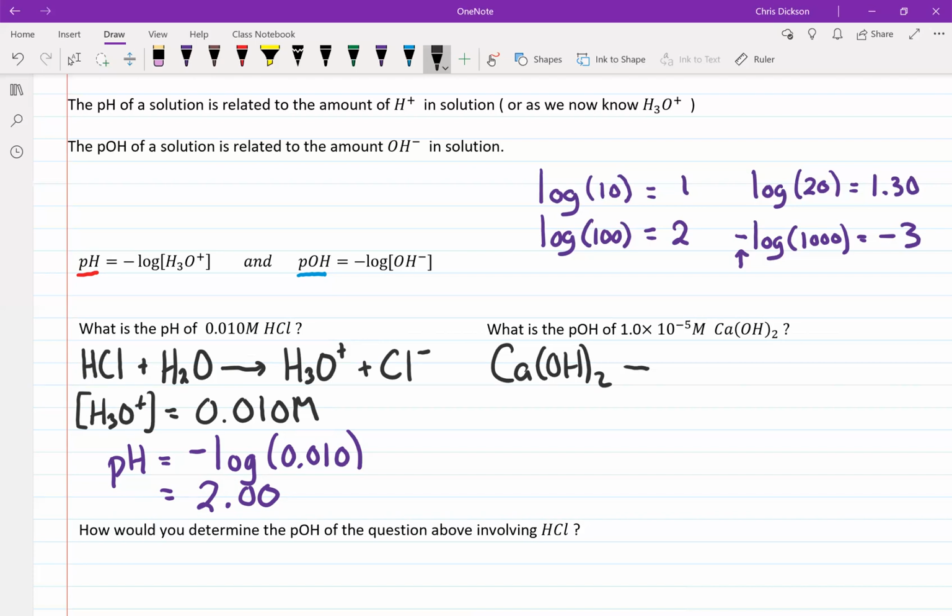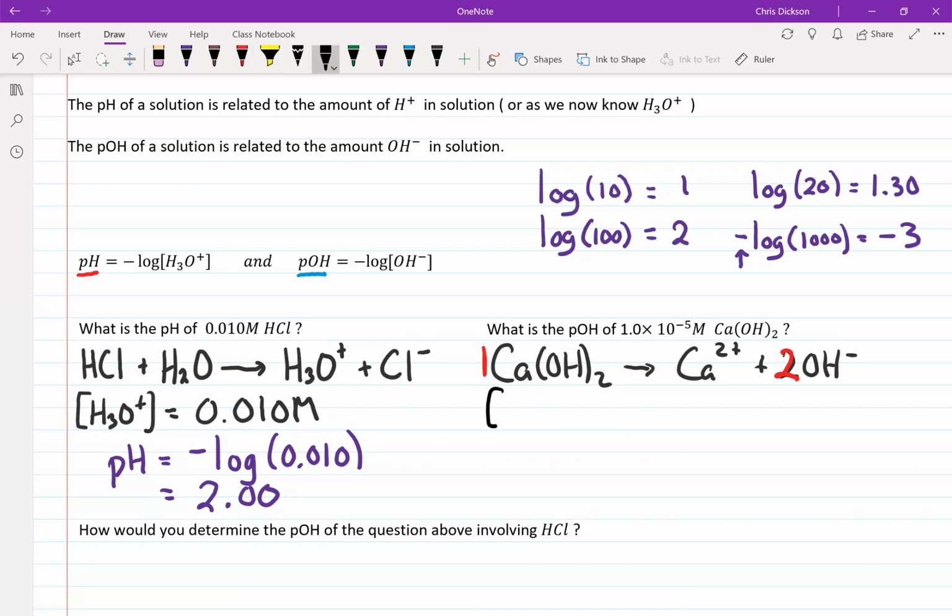So we should get calcium ions being produced and 2 hydroxide ions being made.